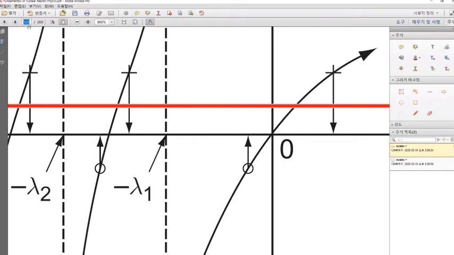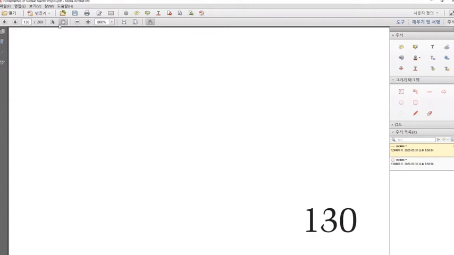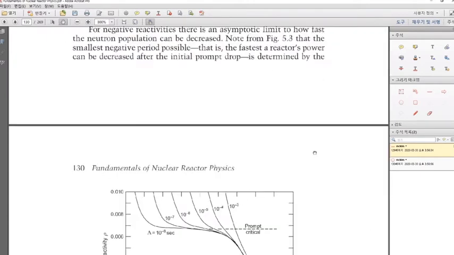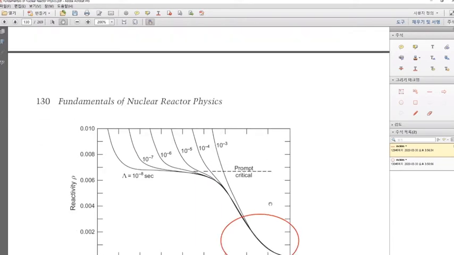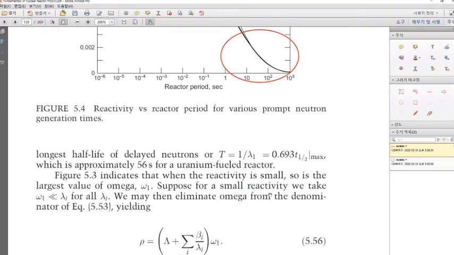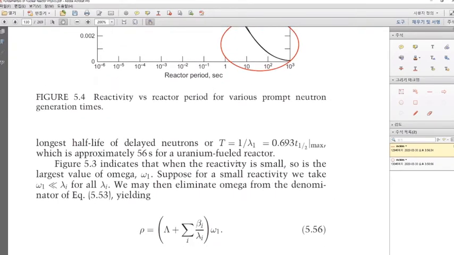So with that linear relation in mind, when the reactivity is small, omega 1 will also be very small.